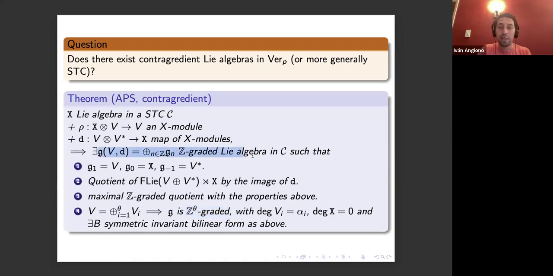Here, this Lie algebra is not really in Ver_p. It is in the Ind category. Why? Because essentially it is the direct sum of infinite objects, not finite objects. And so when I say we want to classify contragredient Lie algebras in the category, it means not in the Ind category, really in the category. So it means that we start with an infinite object and we want to quotient quite a lot in order to have something which is finite. But it's the same as you do for Kac-Moody algebras, essentially.